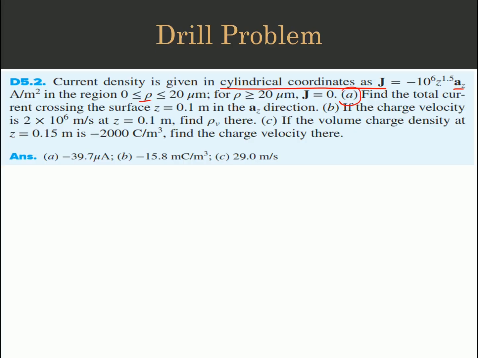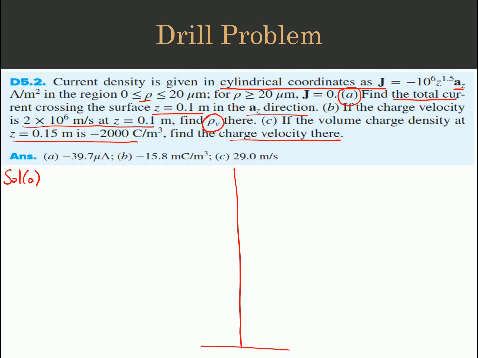In the first part we need to find the total current, which means we need to use the integral equation of the current on the surface at 0.1 meter along the az direction. In the second part we have been given the velocity at 0.1 meter and we need to find the volume charge density, and in the third part, if the volume density is such, find the charge velocity there. Okay, so let us start with the first part.